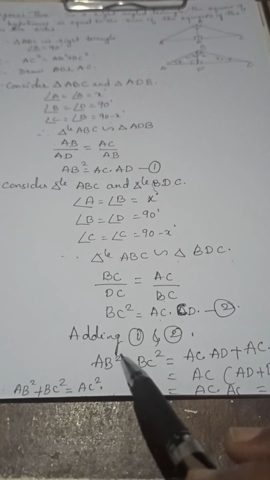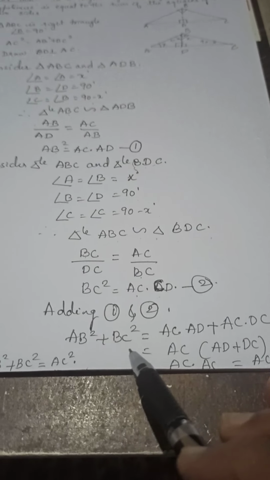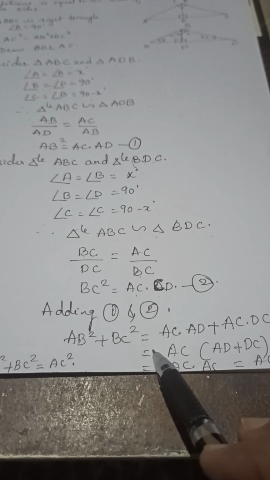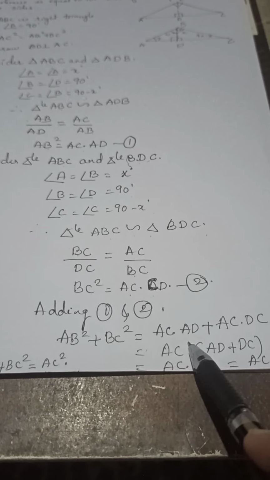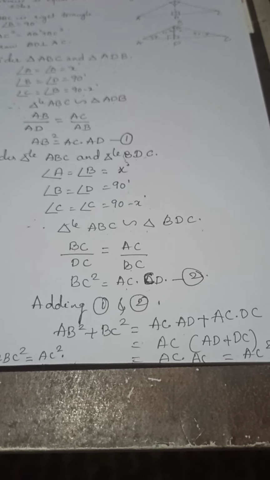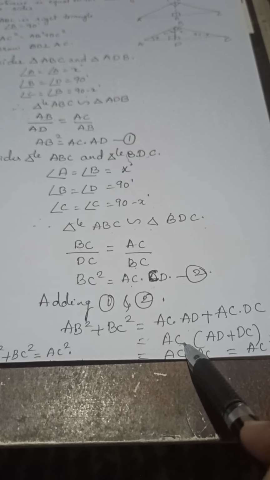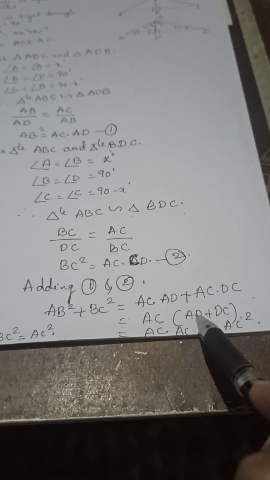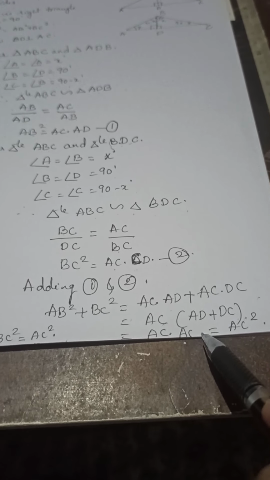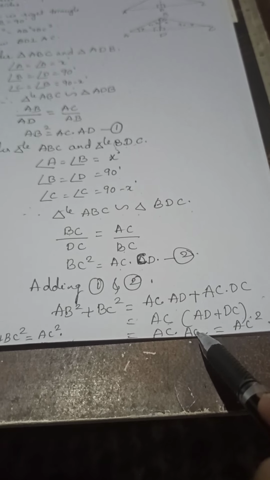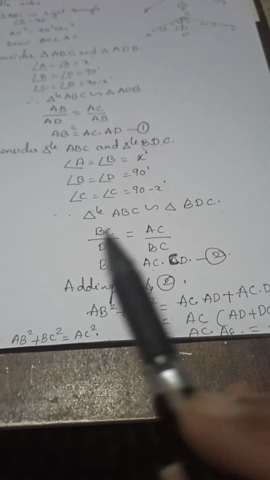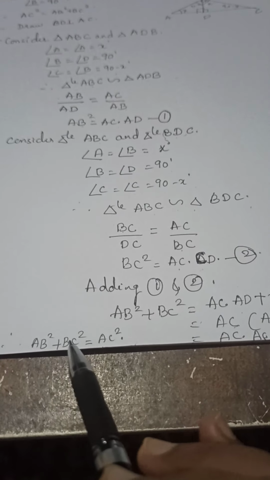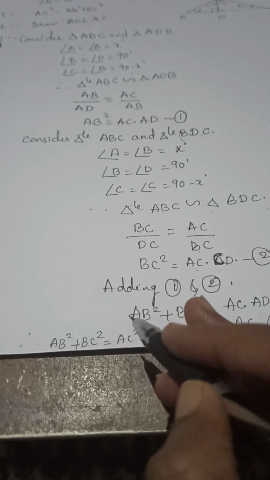So LHS you add, you get AB square plus BC square is equal to AC into AD plus AC into DC. Take AC common. Here it is AD plus DC. So AD plus DC is nothing but AC. So AC into AC, AC square.